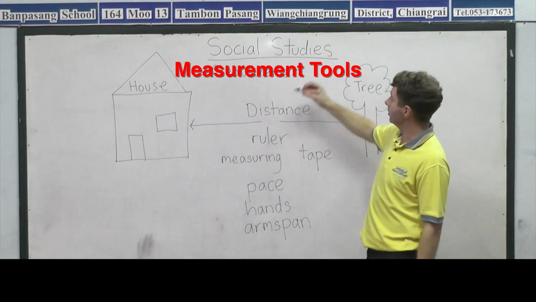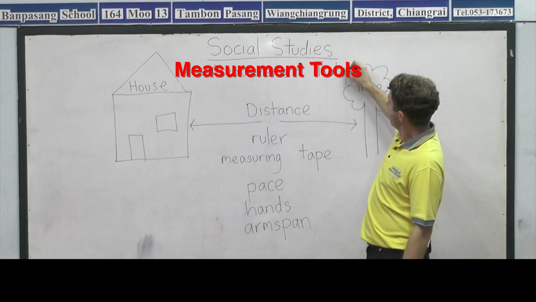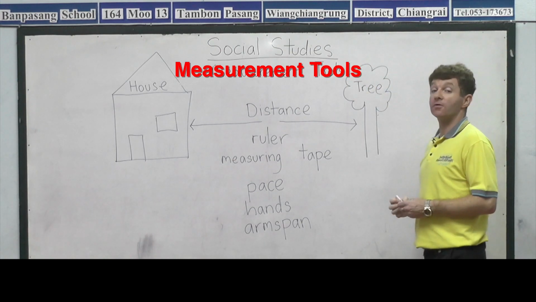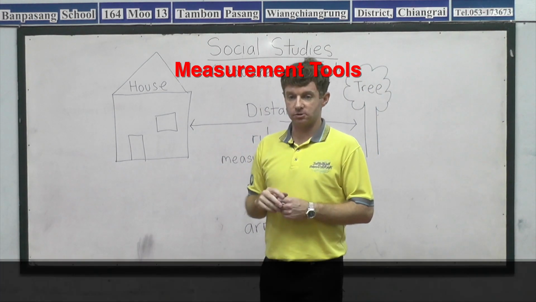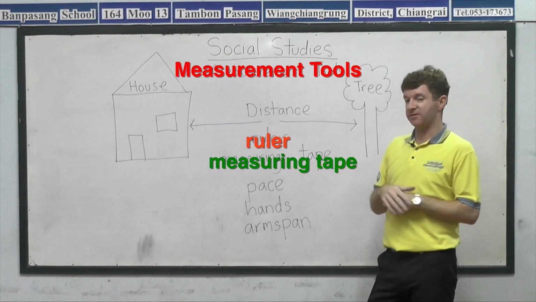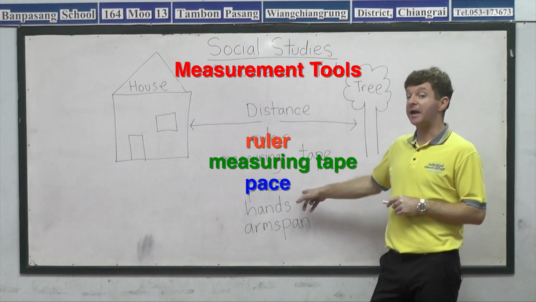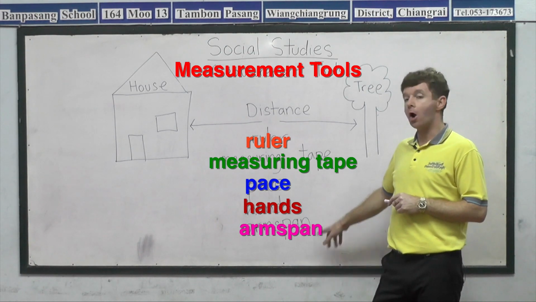M-E-A-S-U-R-E-M-E-N-T. Measurement tools. So all together: measurement tools. Ruler. Measuring tape. Pace. Hands. Arm span.